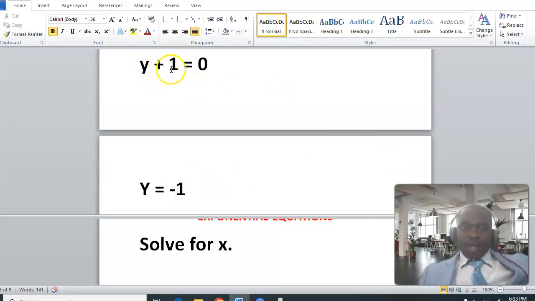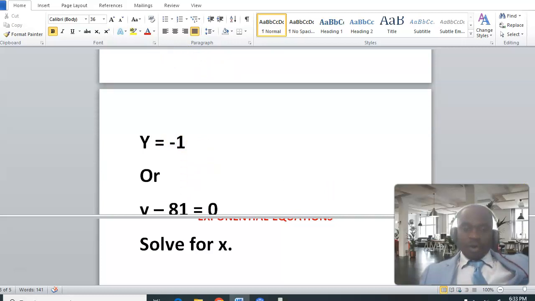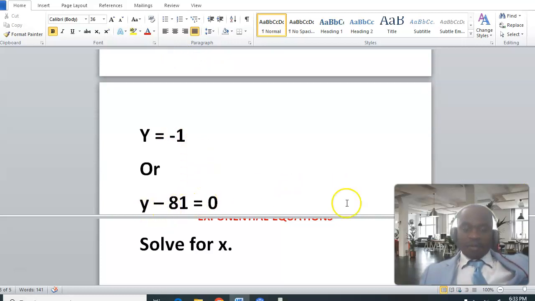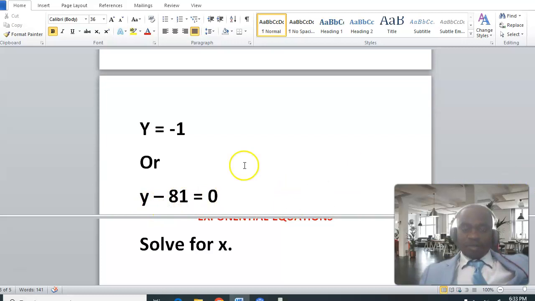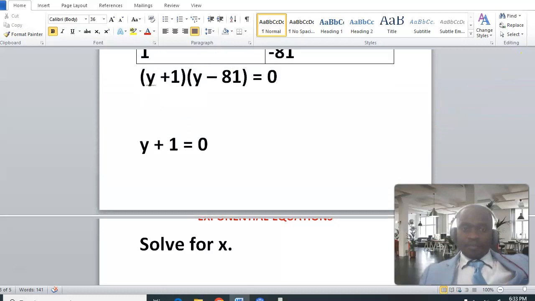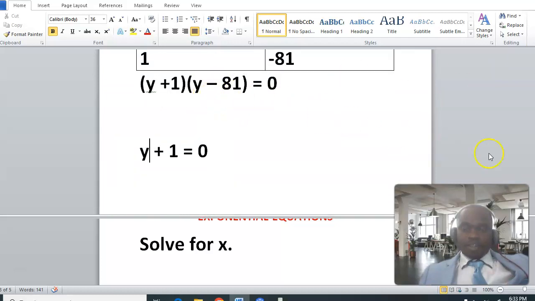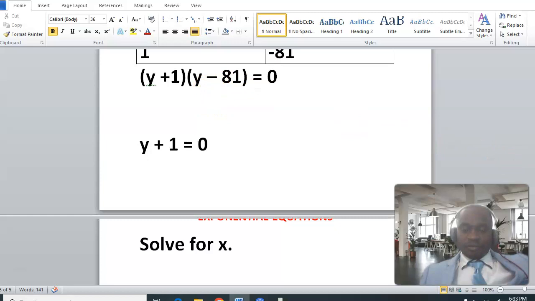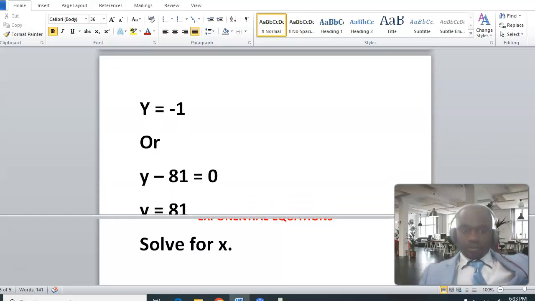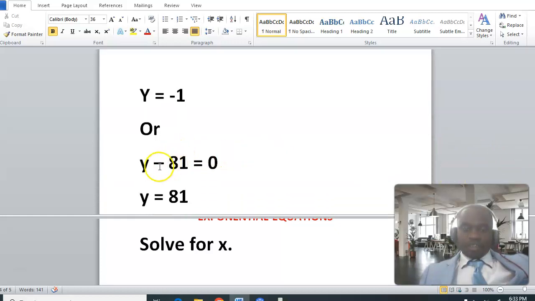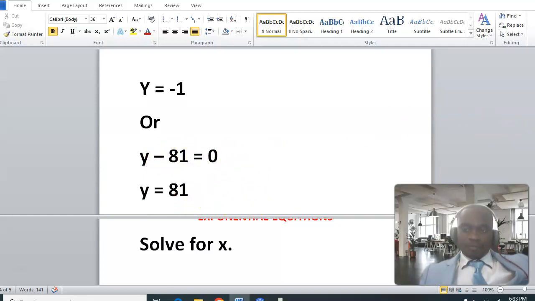So y plus 1 is equals to 0. If I transpose this, is going to give us negative 1. Or y minus 81 is also equal to 0. Remember the 81 we have here. Y minus 81 is also equal to 0. Now transpose this one. Minus 81 is going to give you 81.